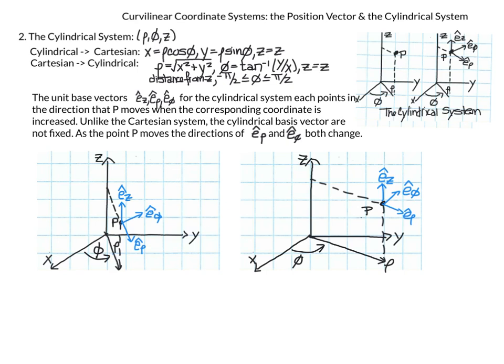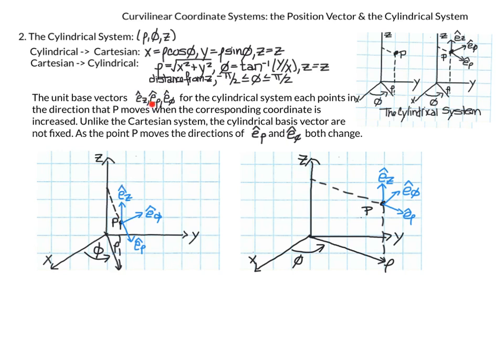So looking at this, I have 2 points plotted for you. Here I have a rho, a shallow phi, and a small value for z. Our z direction is going to point in the direction that p moves when we increase z. So if we increase z, we're going to move up. So that's easy.